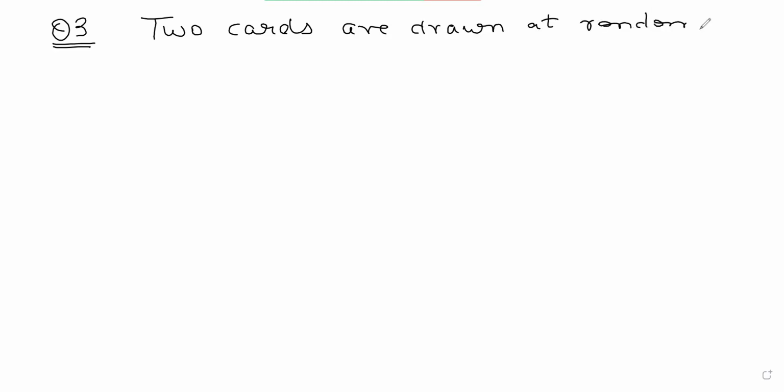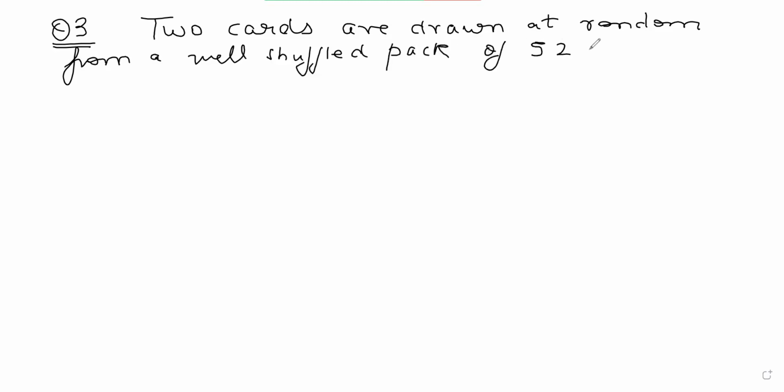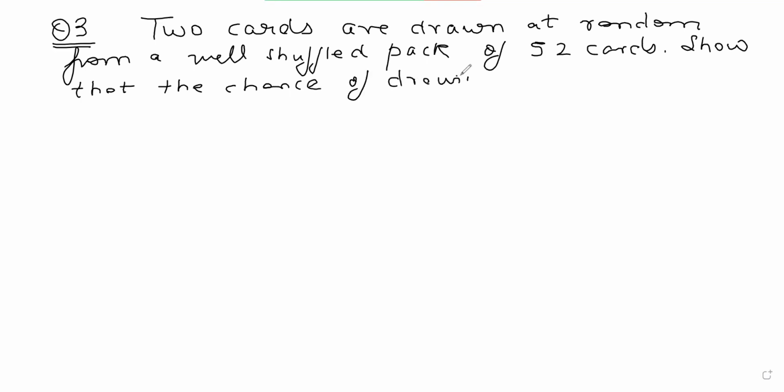Two cards are drawn at random from a well shuffled pack of 52 cards. Show that the chance of drawing two aces is 1 over 221.